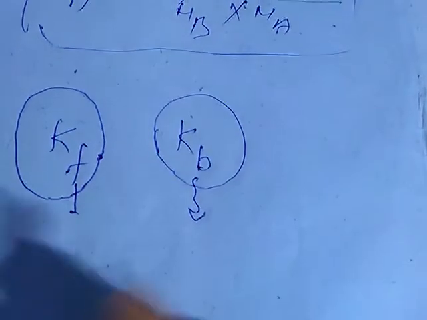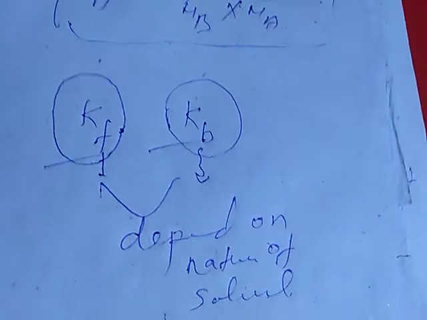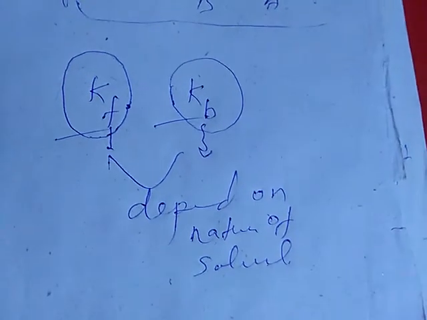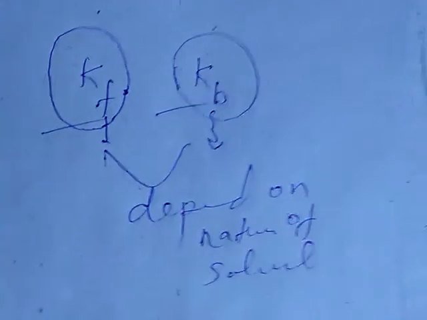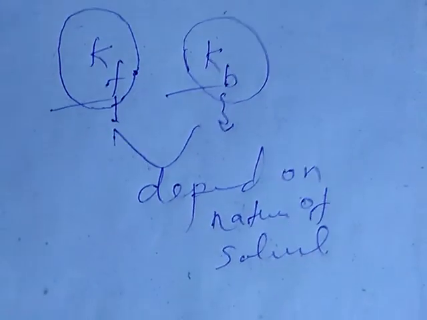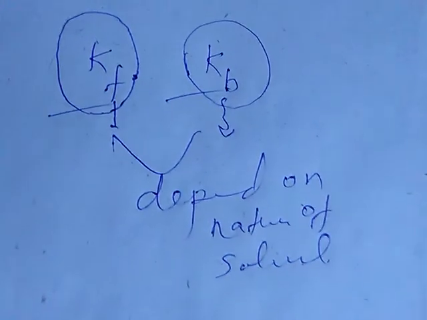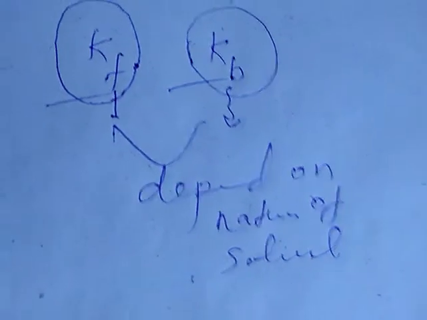Both of these constants depend upon the nature of the solvent. If the value of Kf and Kb changes, it can only be because of the nature of the solvent. The solvent nature only decides whether the value of Kf and Kb will remain the same or change.